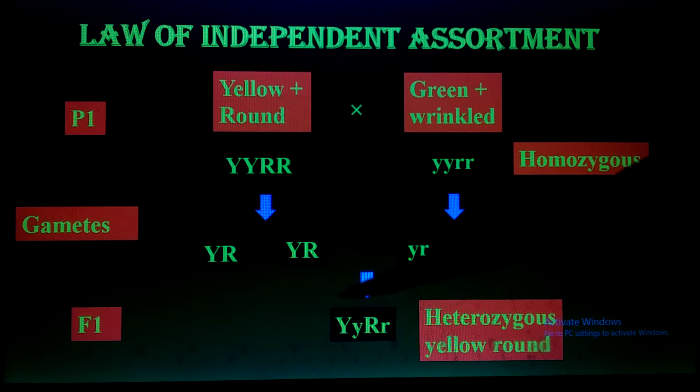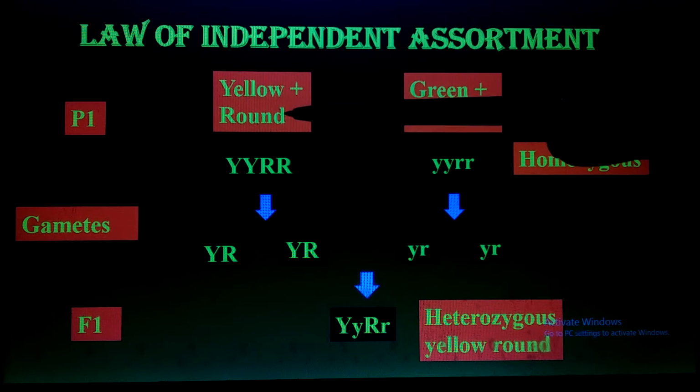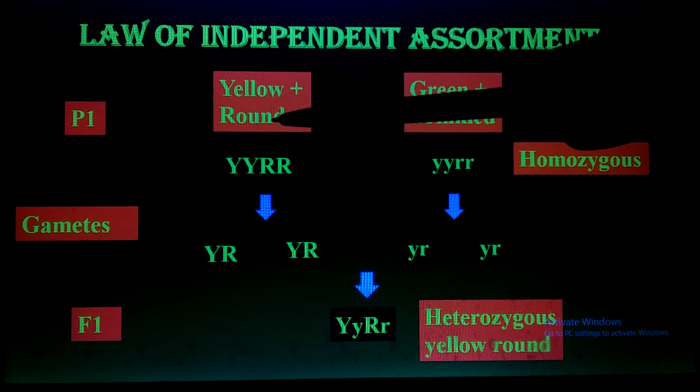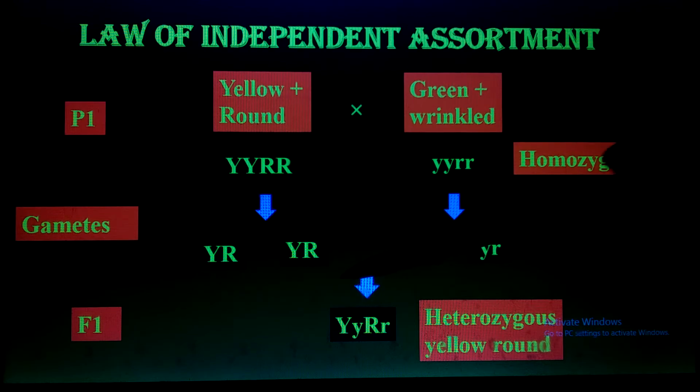This is genotypically heterozygous, but phenotypically it is round and yellow, like this parent. Is it clear? Round and yellow, because round and yellow seed color is dominant over green and wrinkled. So the F1 generation is round yellow, but heterozygous. Is it clear? I have discussed heterozygous and homozygous in detail in my previous lecture.